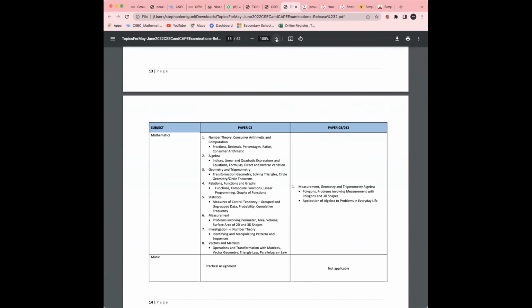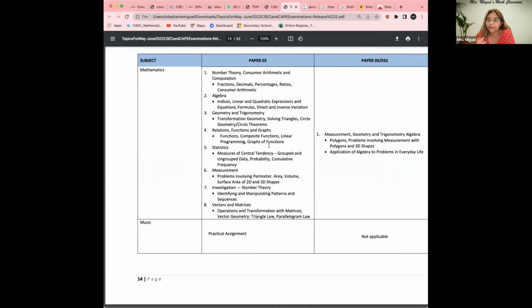According to what CXC has identified, question one is number theory, computation, and consumer arithmetic. They have identified fractions, decimals, ratios, and consumer arithmetic. I am not too concerned with the percentages. I feel that the percentages is going to be in the statistics question.